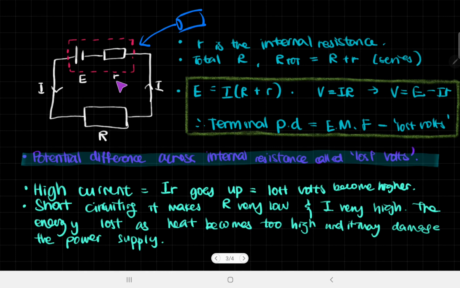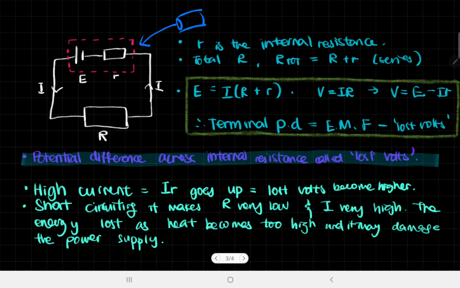So the small r is the internal resistance, the resistance within the battery, and it's usually going to be denoted as this in most situations. The big R right here is the external resistance, whatever resistance you see in the external circuit. And this is the current that's moving around, conventional current from positive to negative.